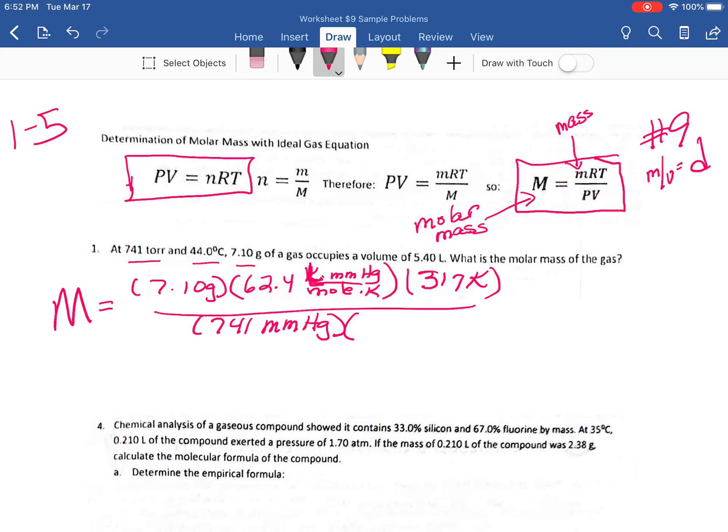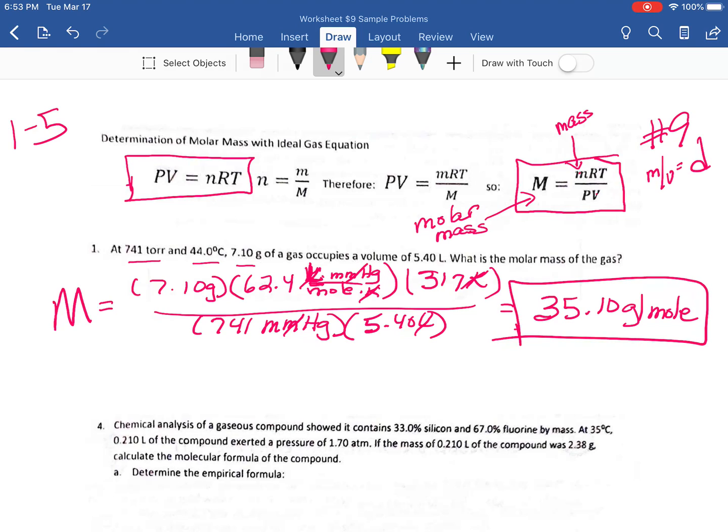And that will be my 5.40 liters. So I do take the time to cancel my units to make sure that my answer is in the right units. And as units, I get grams per mole, which sounds great for molar mass. So in your calculator, you should come up with 35.10 grams per mole.